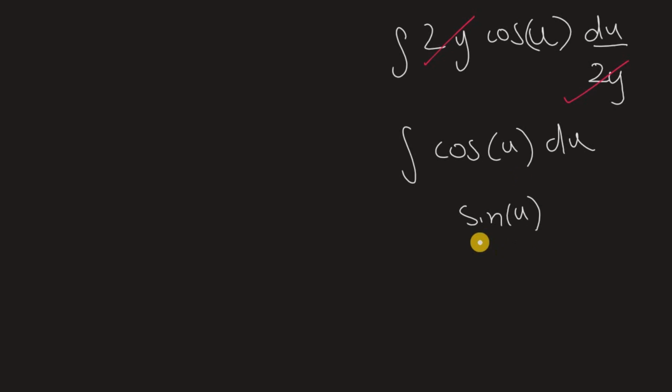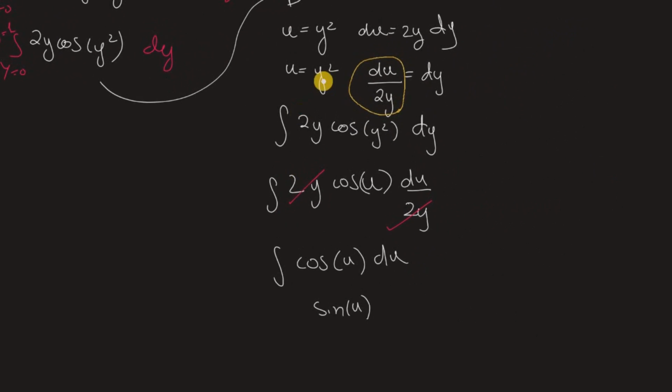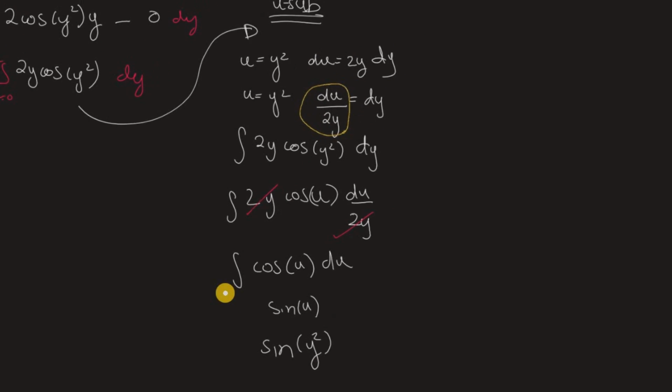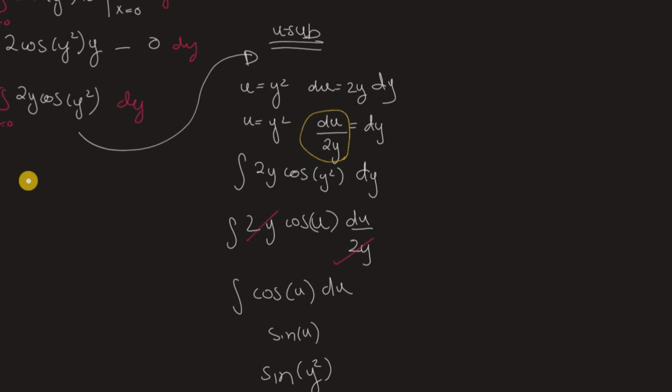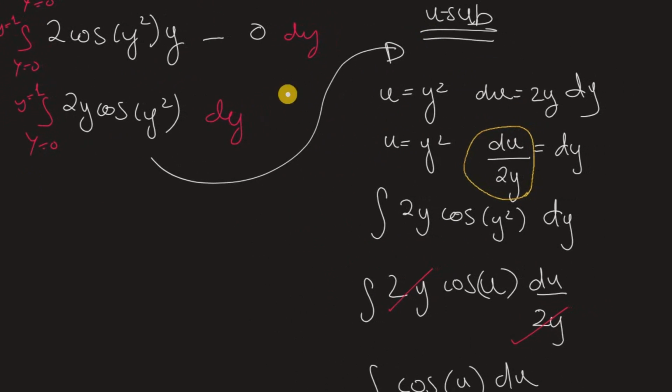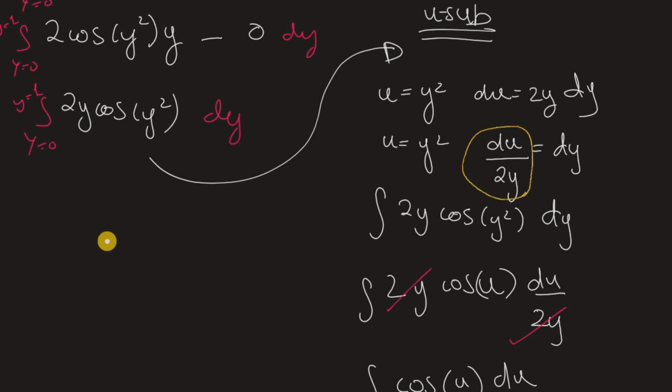Now that you have sine of u, you can replace it with the u that you originally substituted. So sine of y squared is what you get as the answer when you apply the u-sub.